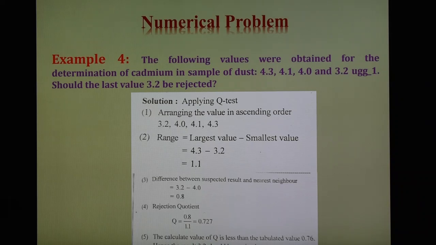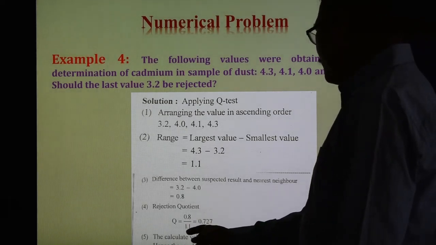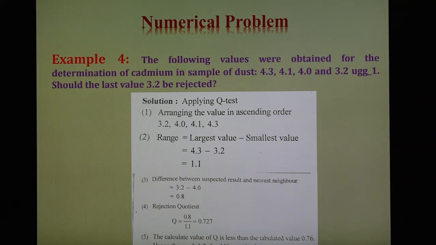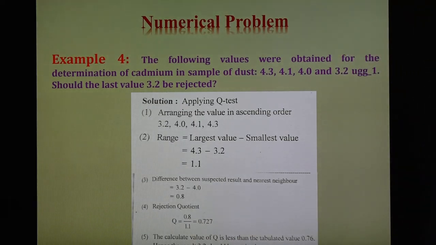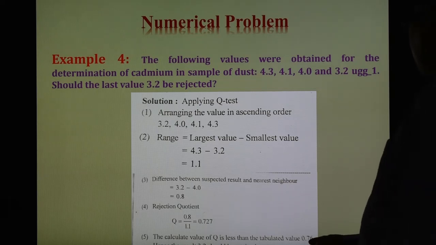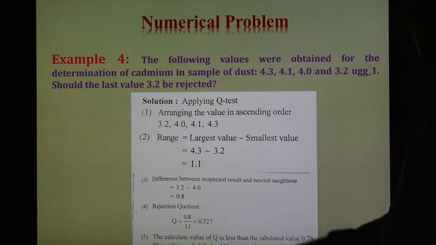And after that find Q, 0.8 upon 1.1, what is 0.727. So this calculated value is greater than the table value for 4 observations, which is 0.76. Therefore the calculated value is greater than the value from the table, therefore this value is to be rejected.